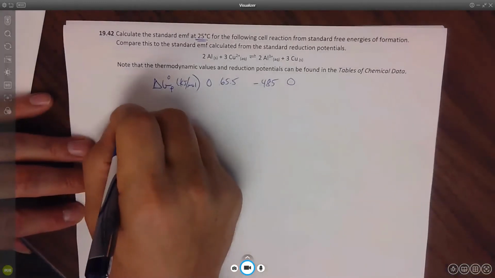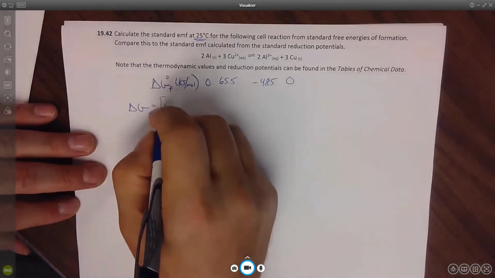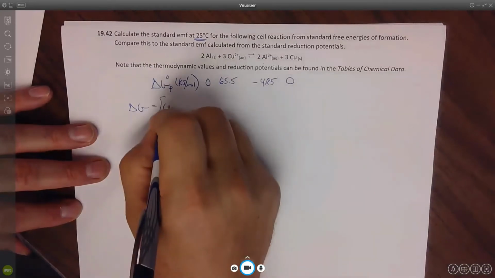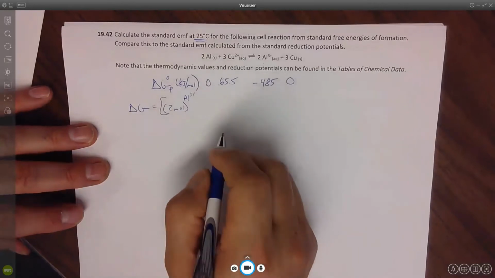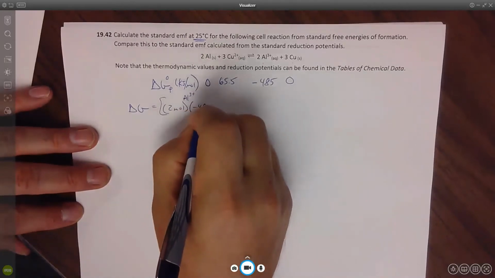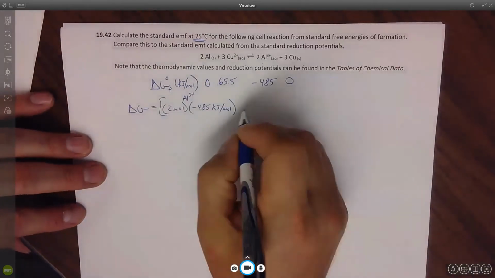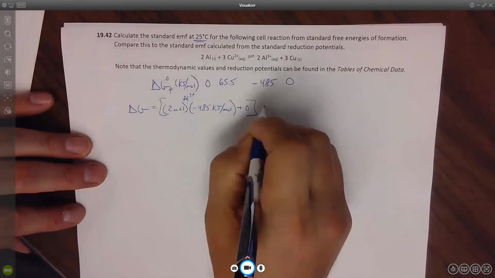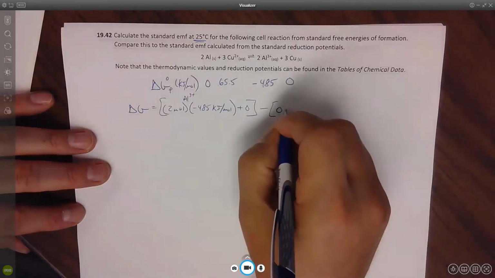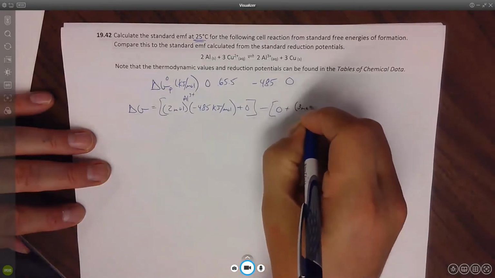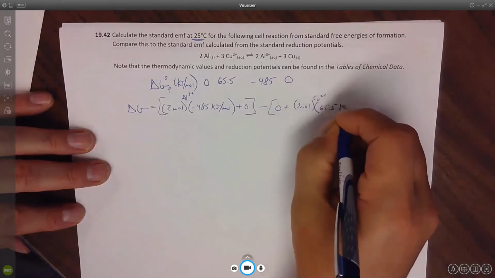So I'm going to calculate my free energy then. That's just going to be the sum of the products, each multiplied by the coefficient in the balanced chemical equation. So we have our 2 moles of aluminum 3 plus, and that's times negative 485 kilojoules per mole. And then plus 0, we don't really care about that. And then minus, again, we have 0 for the aluminum, and then plus our 3 moles of copper 2 plus at 65.5 kilojoules per mole.